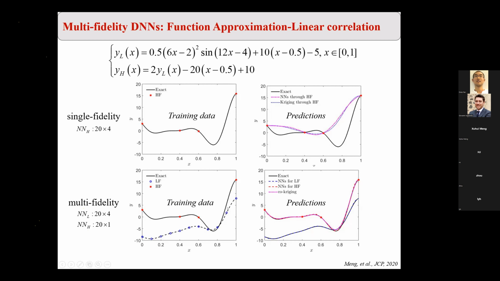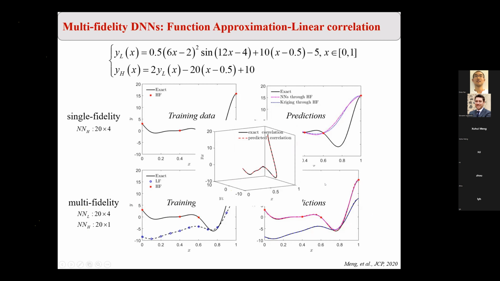If we assume that we have some low fidelity data here, we can use our proposed method to estimate the low fidelity data and high fidelity data. This is the prediction from the multi-fidelity modeling, the black solid line here, which agrees well with the reference solution.